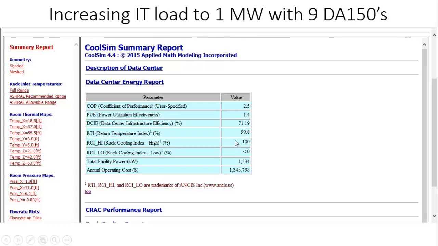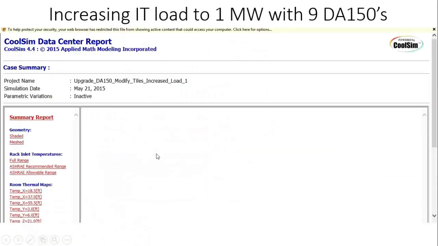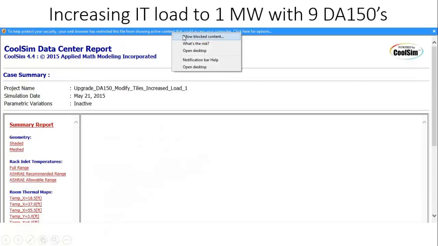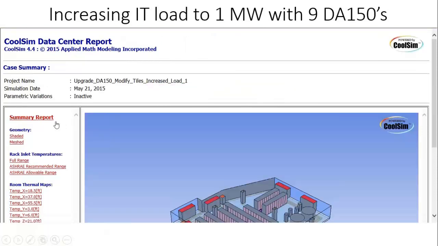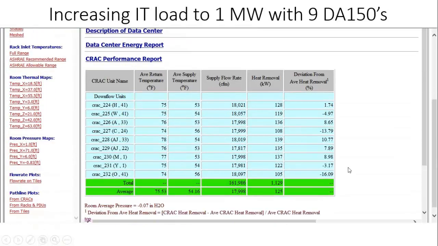If we take a look at the crack performance report, we'll see that we're running at very, very low supply temperatures. These cracks are set for performance data.